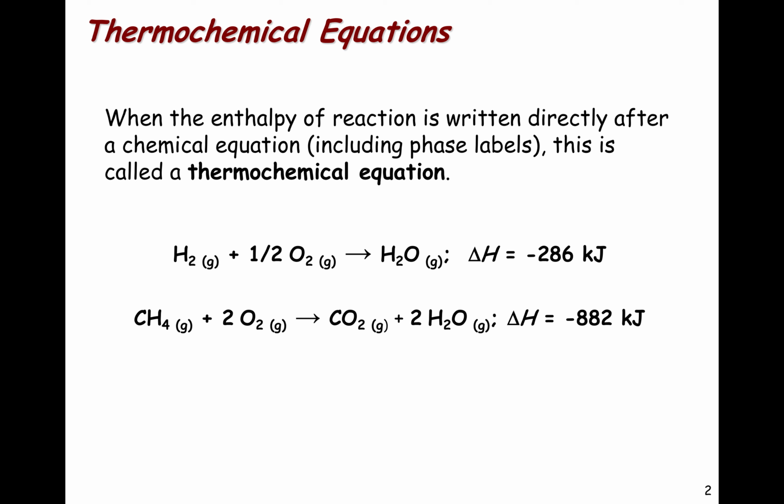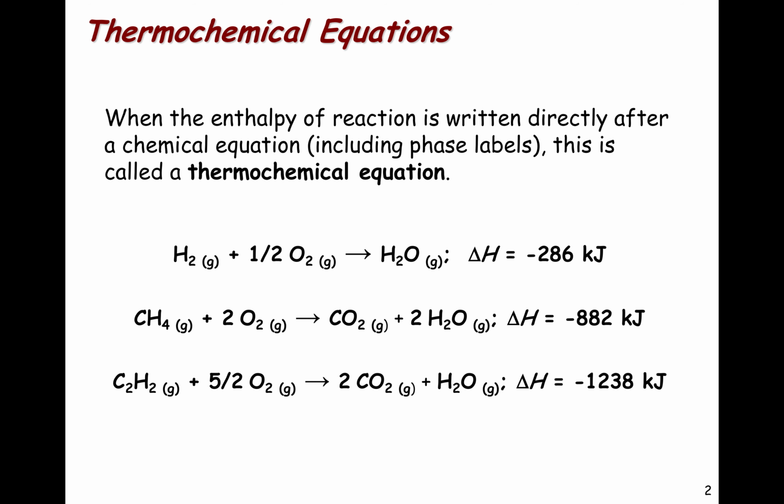And of course, in this case, it produces 882 kilojoules of energy for every 1 mole of carbon dioxide and 2 moles of water. If we were to double that, of course, then we would produce twice as much heat. So, in both of these reactions, the reactions are exothermic, and hence the delta H's are negative.